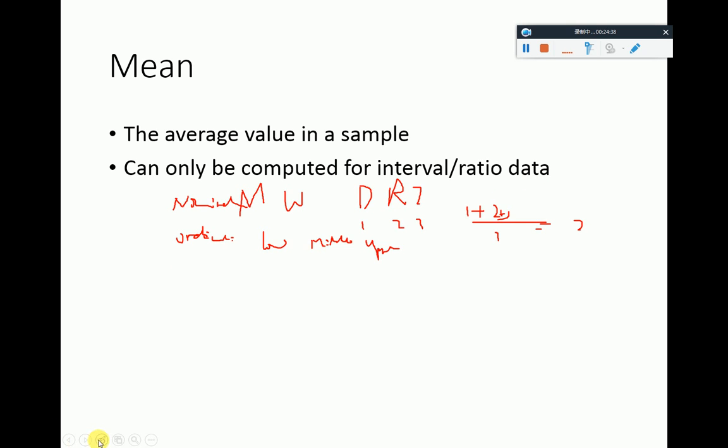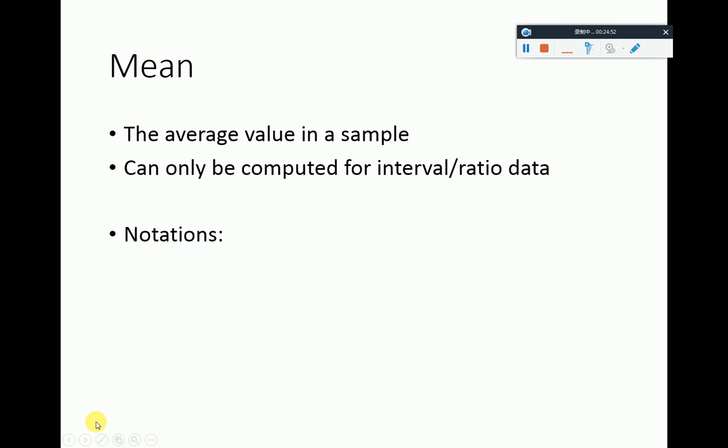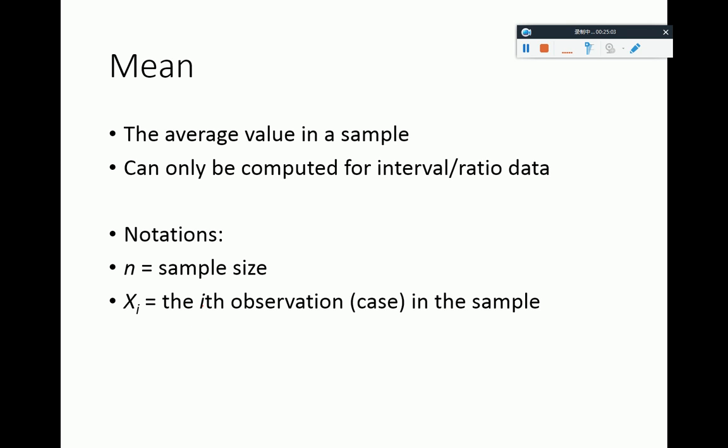Okay. All right. So to understand better how we compute means, let's have some notation. Let lowercase n indicate sample size, and let xi be the ith observation or case in the sample, right?